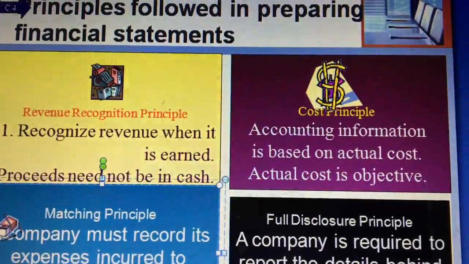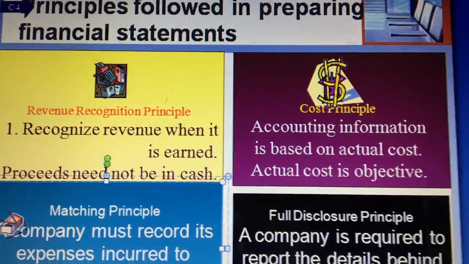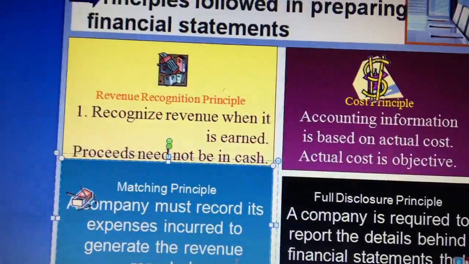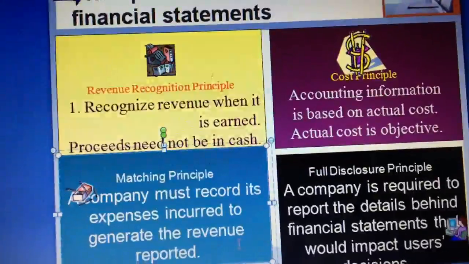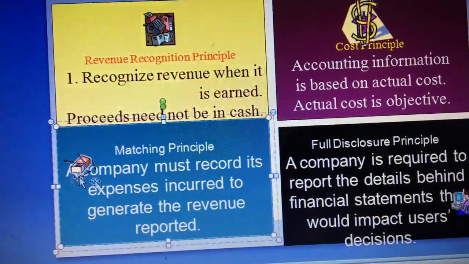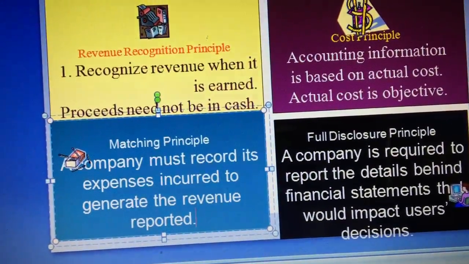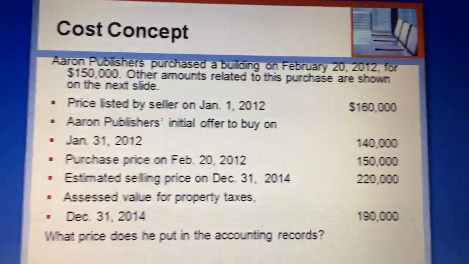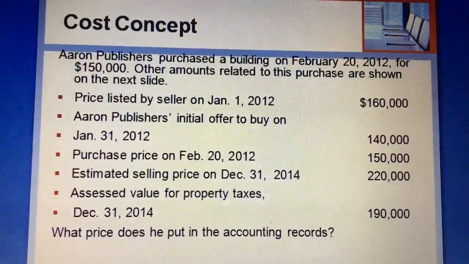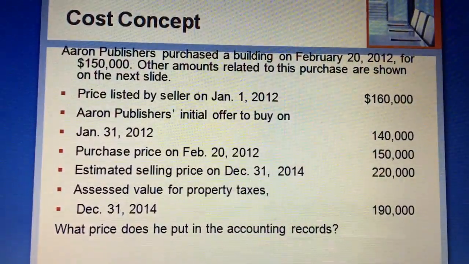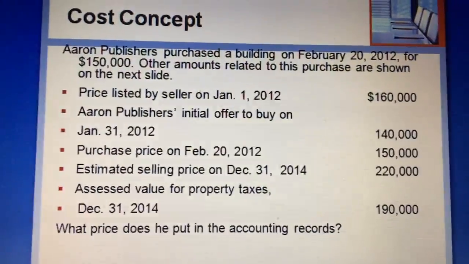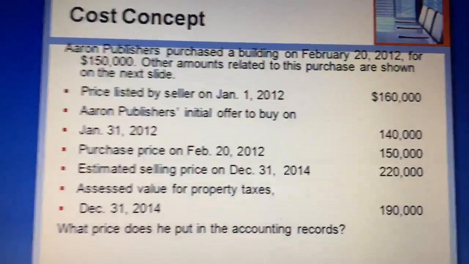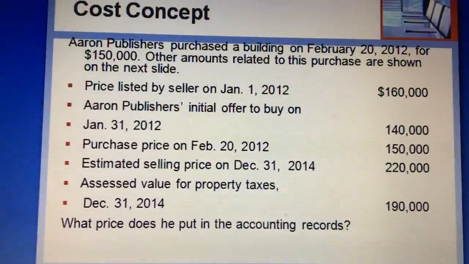This purple box, cost principle, means that when you put something in the books, it has to be recorded at cost. The next slide has to do with that. In this slide, there are a lot of dollar amounts associated with purchasing a building, and it asks which of these dollar amounts you would put in for the value of the building, the asset value.